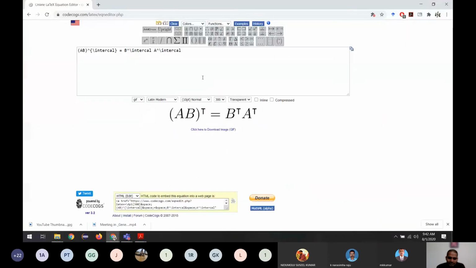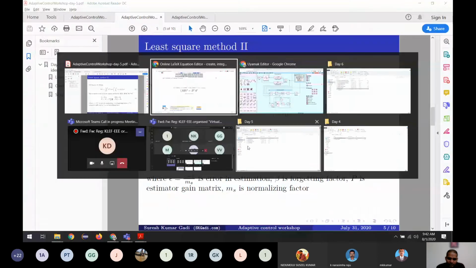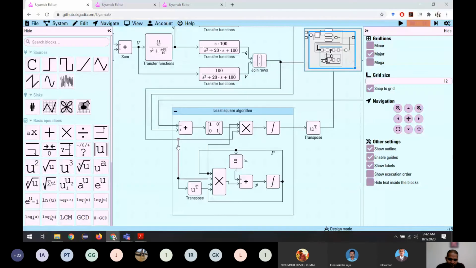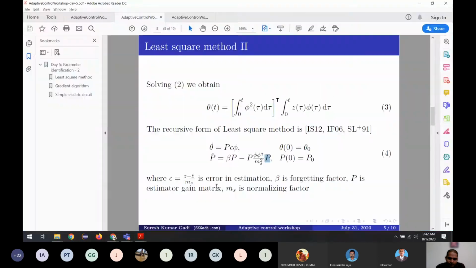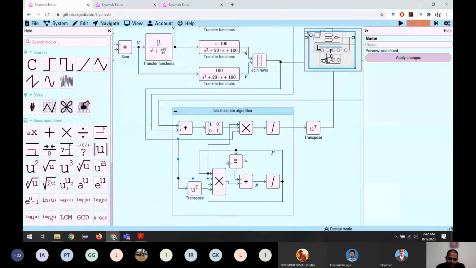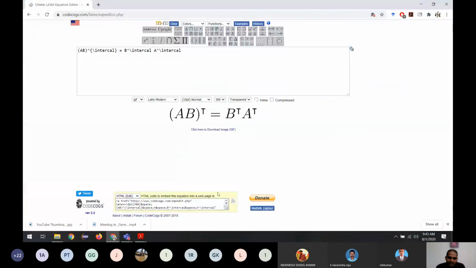So let us see how we are doing this. We have phi here. Oh, here we are not using this identity. We are multiplying four elements, four variables. The first one is P, the second one is phi, the third one is phi transpose, and the last one is P. I'm not using this identity in this one.